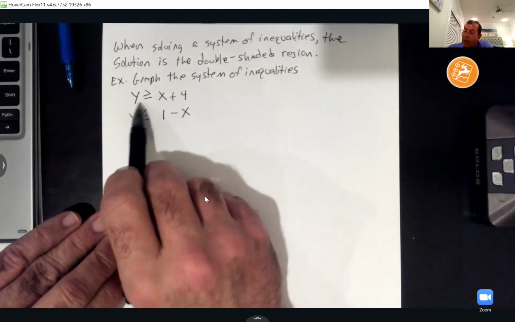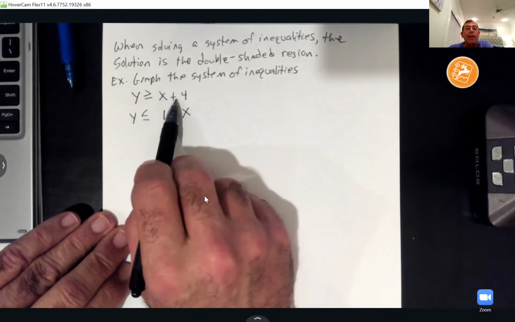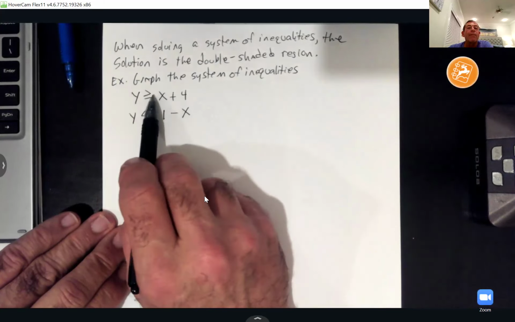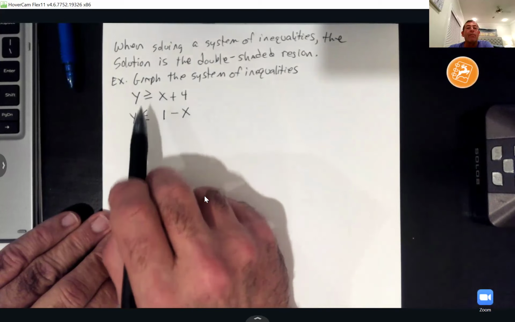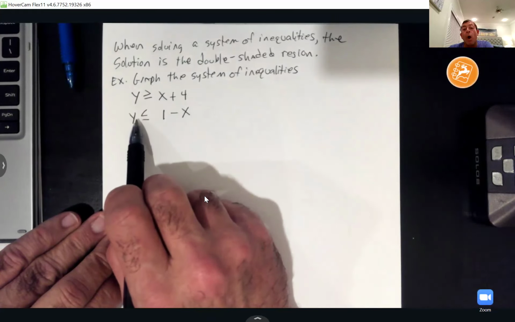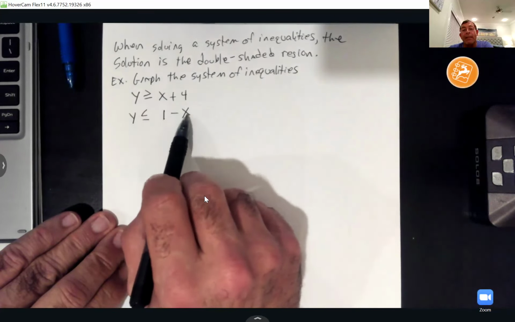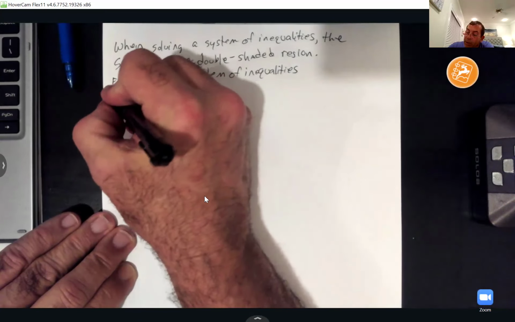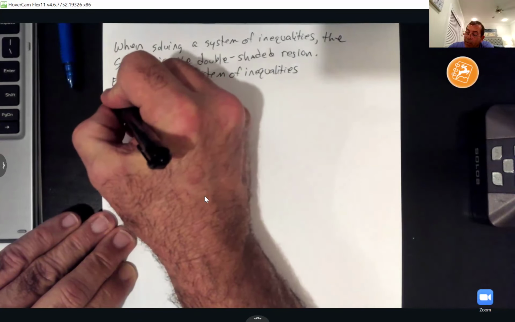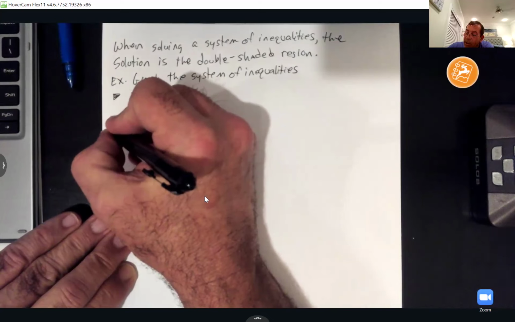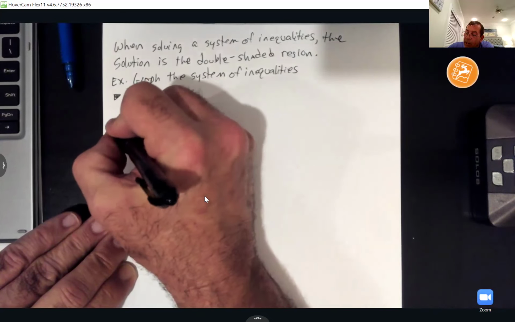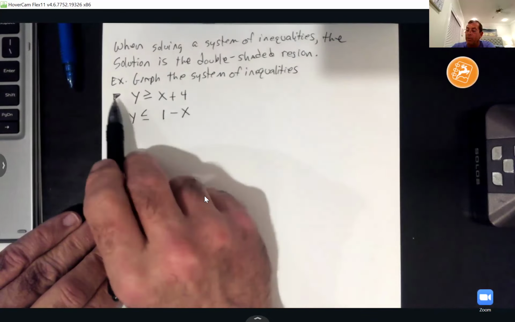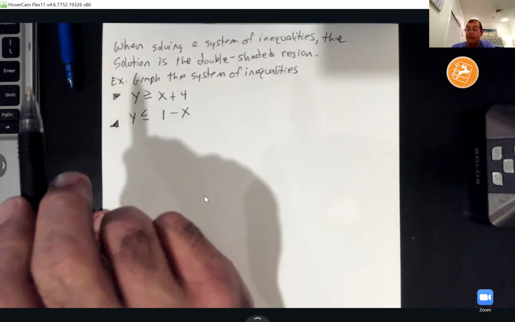So in the calculator, I would do y1 here, put in x plus 4, arrow left, and do the triangle above. This one, I would put in y2, put in 1 minus x, arrow left, and I would use a triangle bigger on the bottom. Okay? So the first one's the triangle bigger on the top. Second one, triangle bigger on the bottom. So greater than, less than on the calculator.